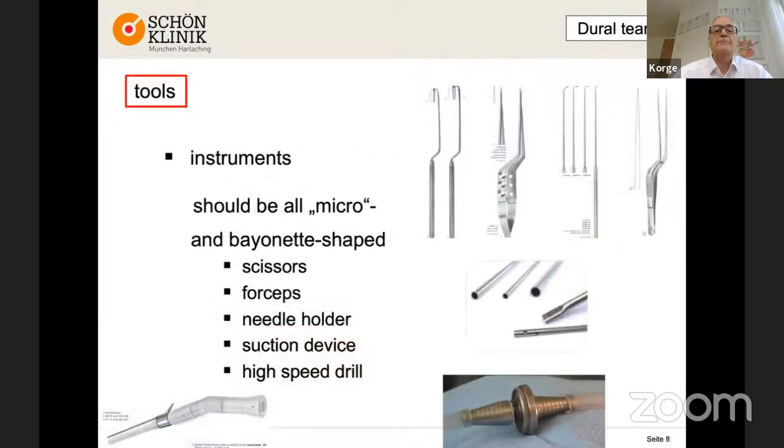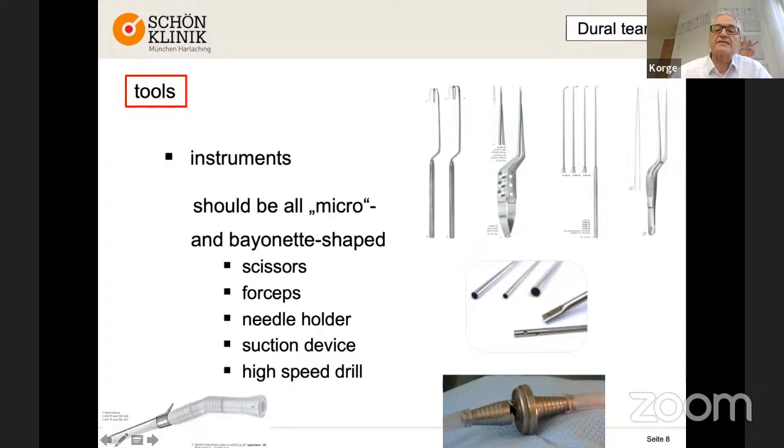Of course, we have different types of solutions to problems like dural tears, according to the instruments. In microscope-assisted surgery they should always be bayonet-shaped, as you see here, whether they are scissors, forceps, or needle holders, and the high-speed drill.